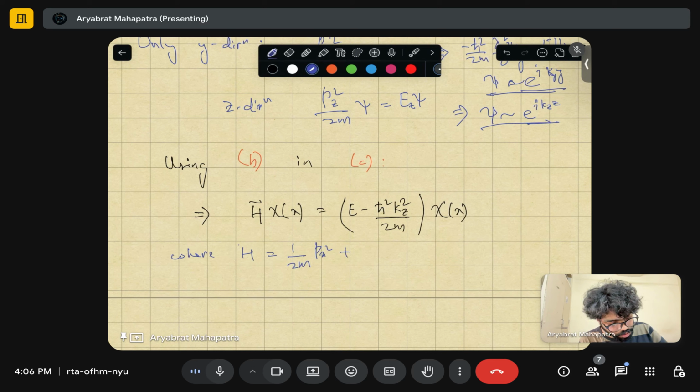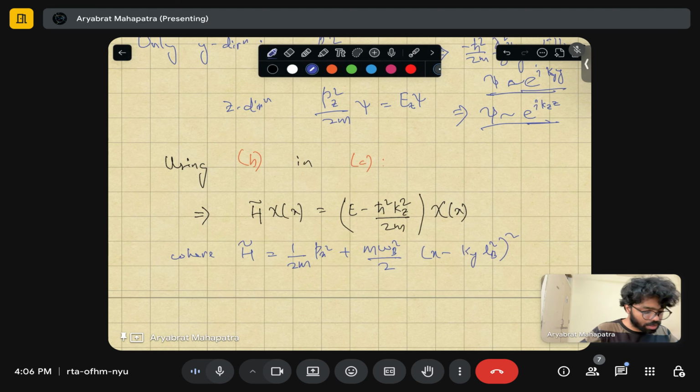So this h tilde is m omega b square over 2 times x minus ky lb, whole square.